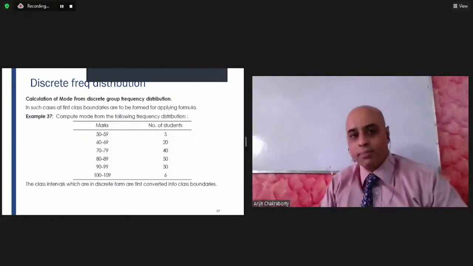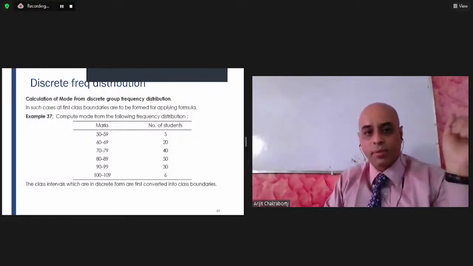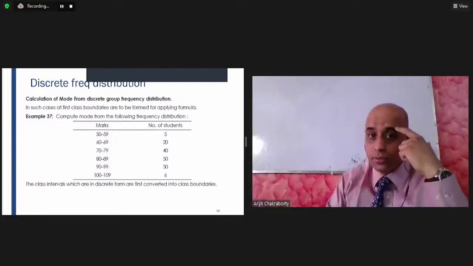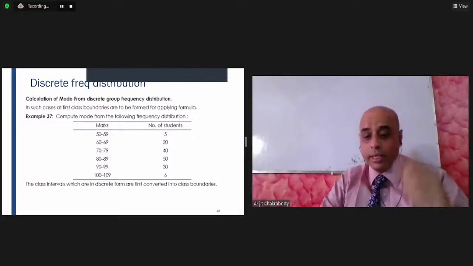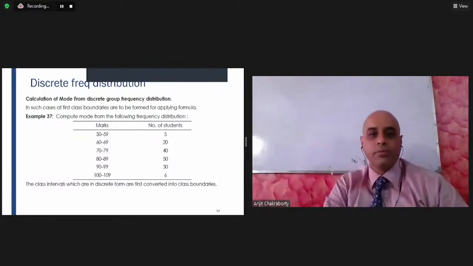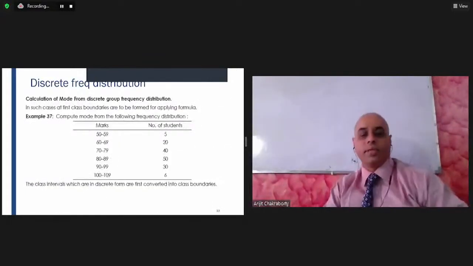In this type of question, if you get such a problem, please try to make it continuous, from discrete to continuous. So first we have to create the class boundary. How do we create the class boundary? Instead of 50 to 59, we will make it 49.5 to 59.5.